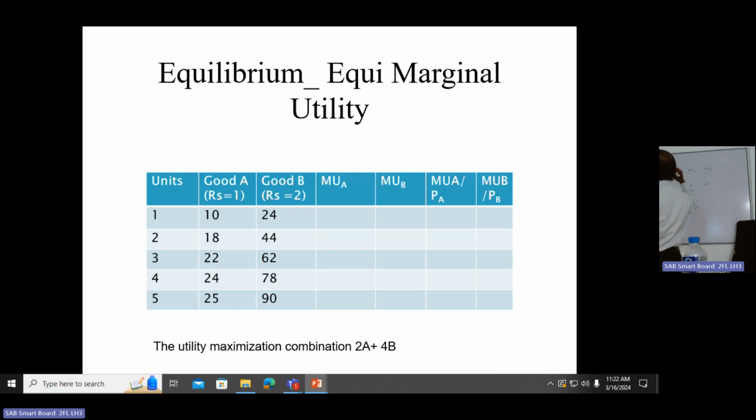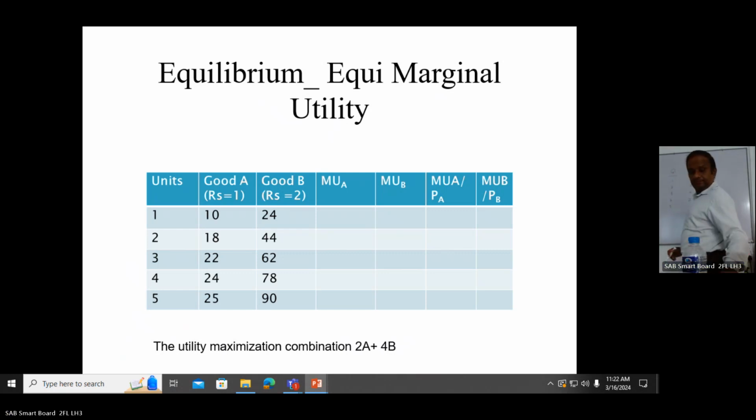And 62 minus 42, how much? 18. Then 78 minus 62. Okay, correct? You can do it.